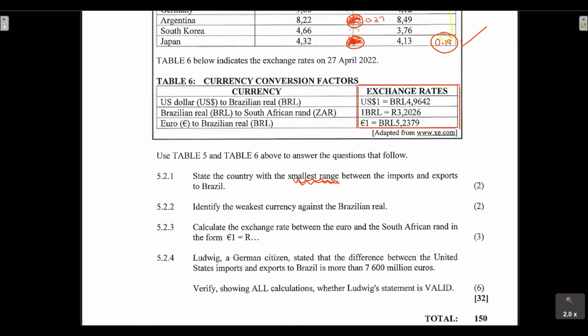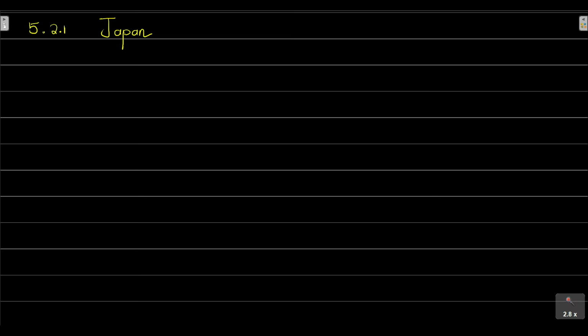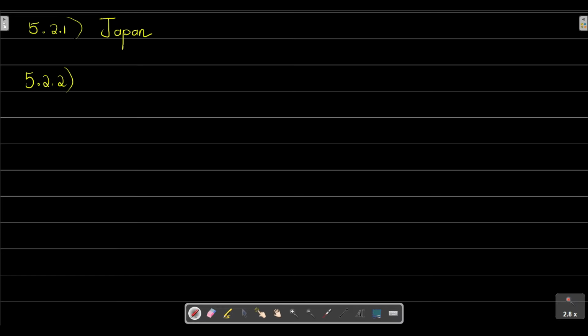What do I mean by this? We are told that if you have $1, that means you have 4.9642 Brazilian reals. Also, if you have €1, that means you have 5.2379 Brazilian reals.